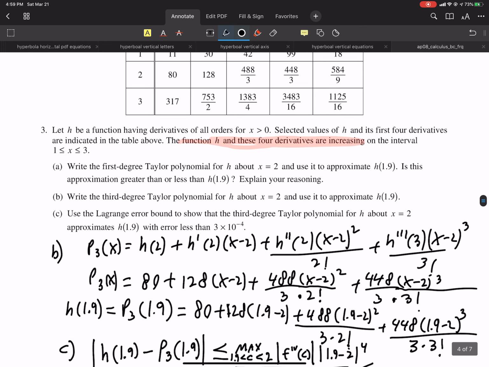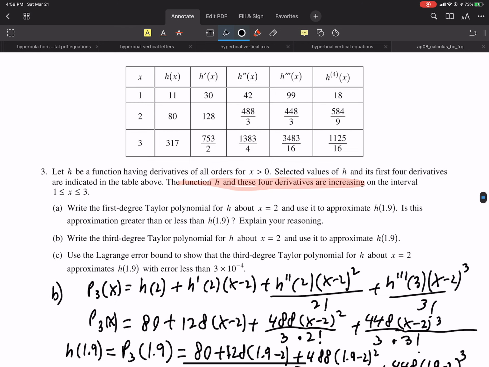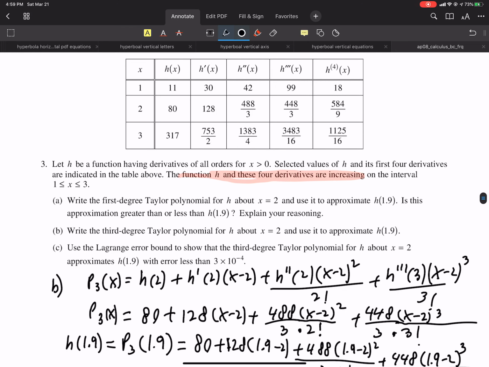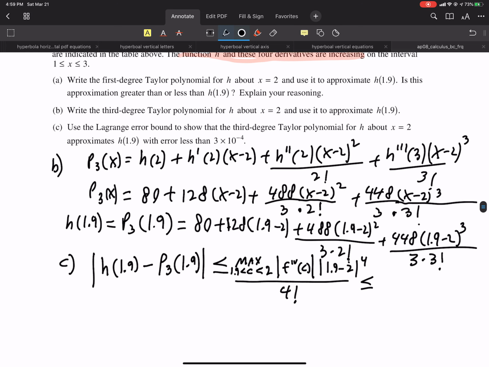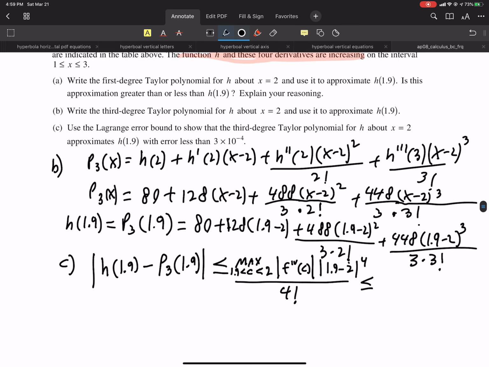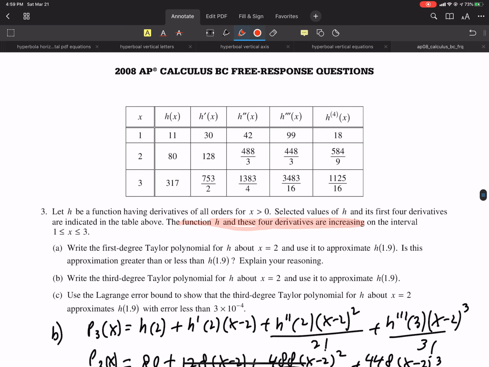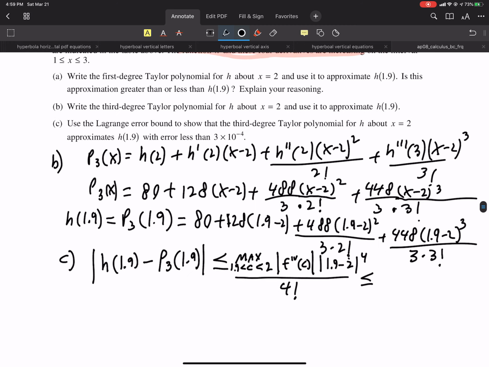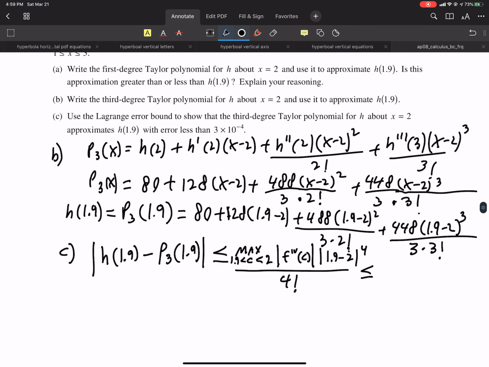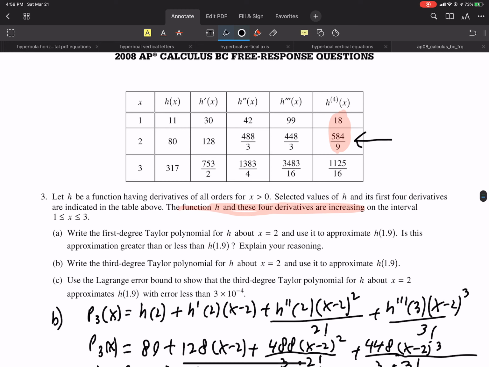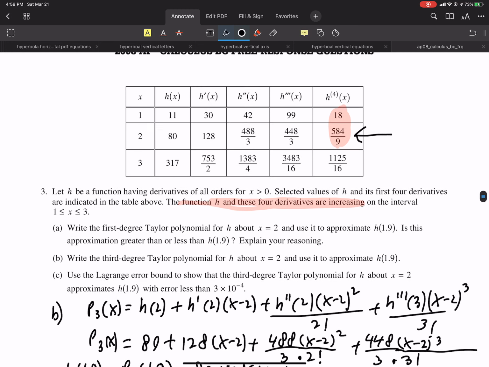Now, we know that h to the 4th power is also increasing, and our interval is from 1.9 to 2. So since we have an increasing function, the maximum value will be at 2. The maximum of the 4th derivative from 1.9 to 2 has to occur at 2 because it's an increasing function.